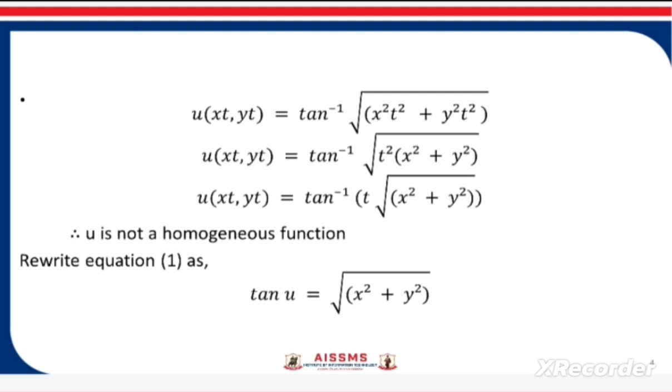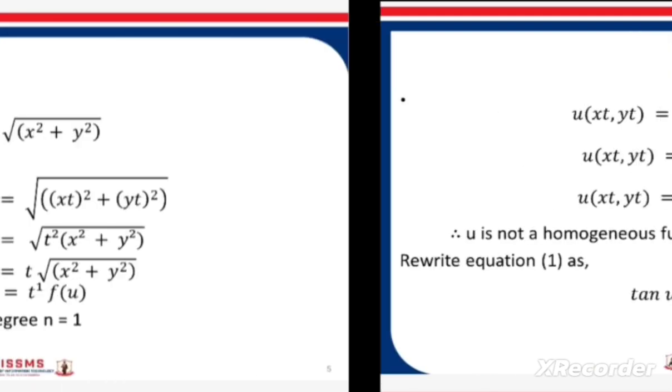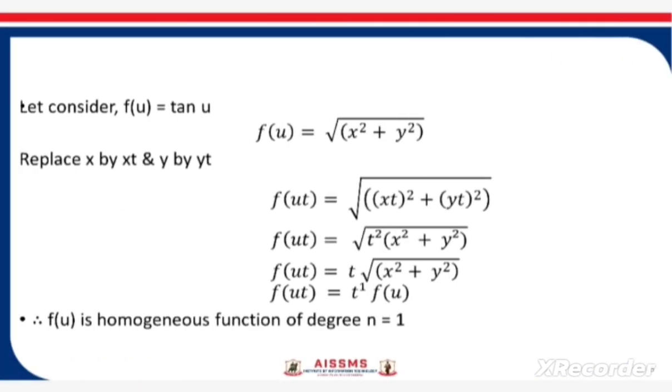So we need to rewrite the given equation. How can we rewrite it? We rewrite it as tan u equals square root of x square plus y square. Now again we check the homogeneity of degree n. We consider f of u as tan u, so our function becomes f of u equals square root of x square plus y square. Again we replace x by xt and y by yt.